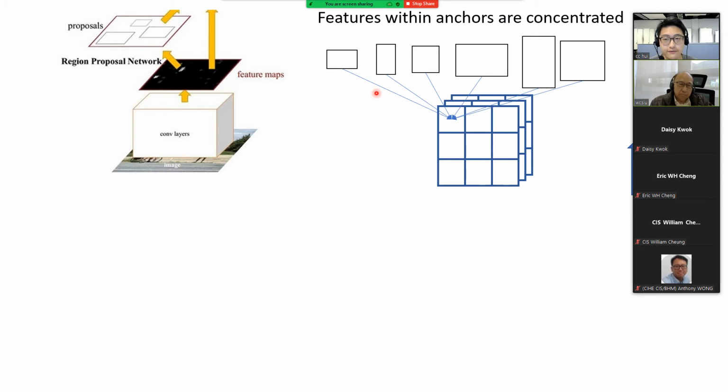First of all, we have some anchors which we set in the RPN, but because of training, in the convolution layer the information is already concentrated into the same pixel, but in multiple channels. So the convolution layer is extracting the features of these anchors which we set.